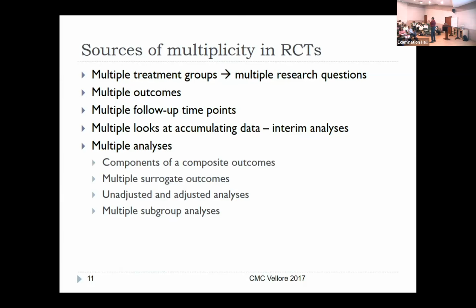And after 12 weeks, they asked them the outcome, satisfaction. But the psychiatrist said, you really ought to wait not immediately after the 12 weeks, but 12 weeks later. And they asked them 24 weeks after enrollment. And they said, oh, let's also measure that at 1 year. So now we have 3 time points at which you're measuring the outcome variable.